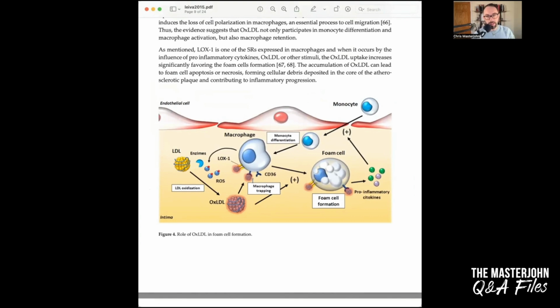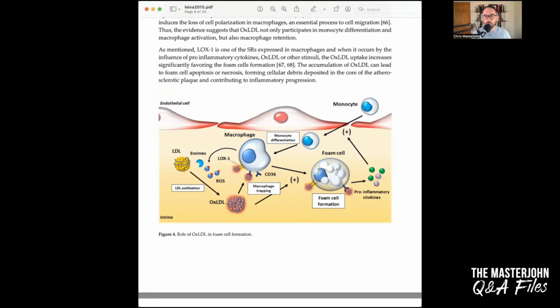Okay, so they depict this process much better in this figure. So the monocytes come in, and in the presence of oxidized LDL, they differentiate into macrophages. The macrophages specialize in taking up the oxidized LDL, and as they do so, they become like giant cleanup sites.